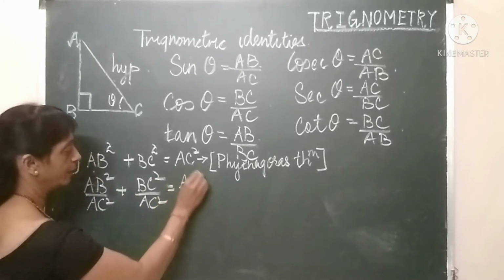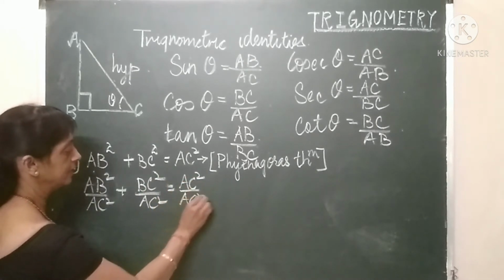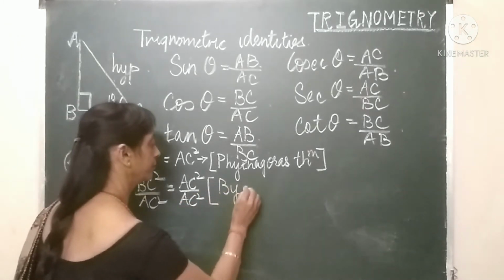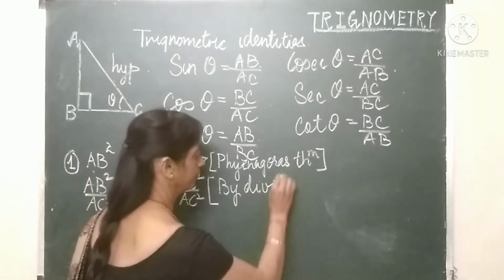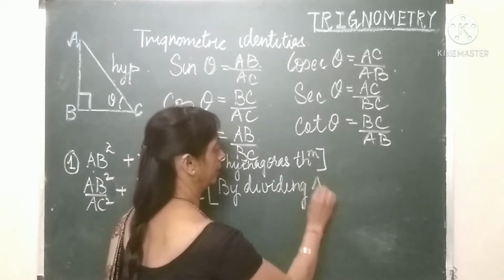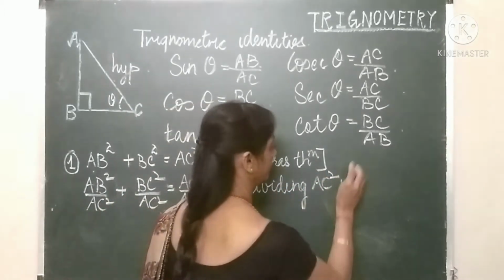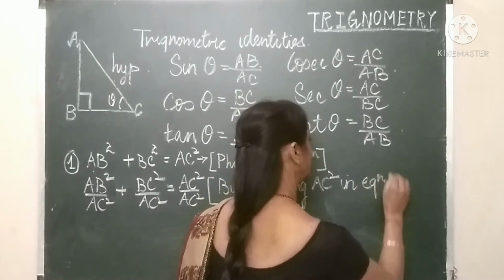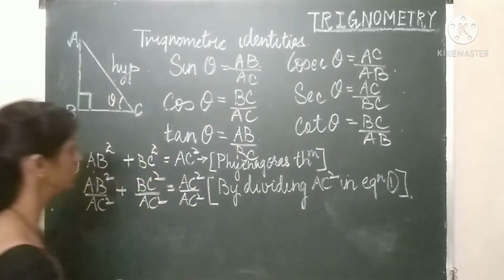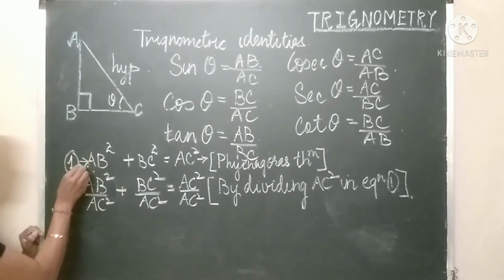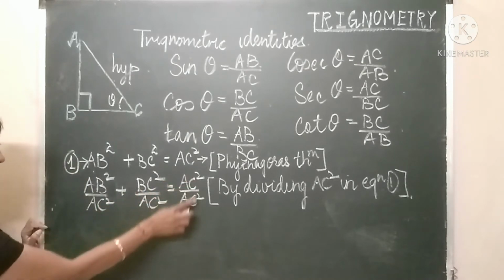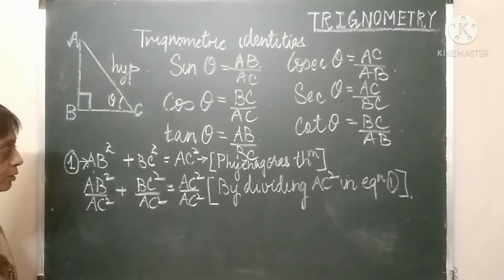So AC square upon AC square, in equation number 1. Now what do we get? Here we can see on the right hand side AC square and AC square get reduced.